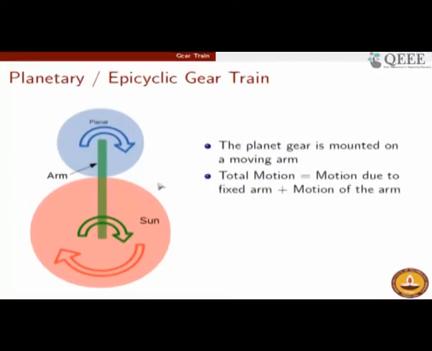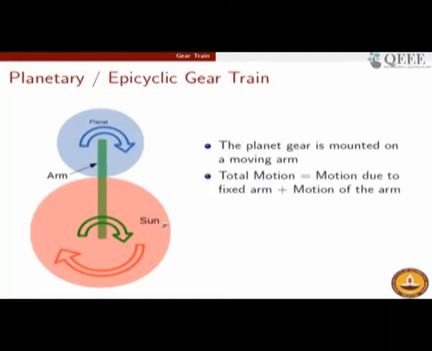The complexity which has arisen now is this, that the total motion of this planet gear is brought about by the motion due to the fixed arm plus the motion of the arm. So the rotational effect of this planet was always there even if the arm were fixed. The revolution effect has now set in because the arm is set into rotation about the same axis as where the sun is rotating.